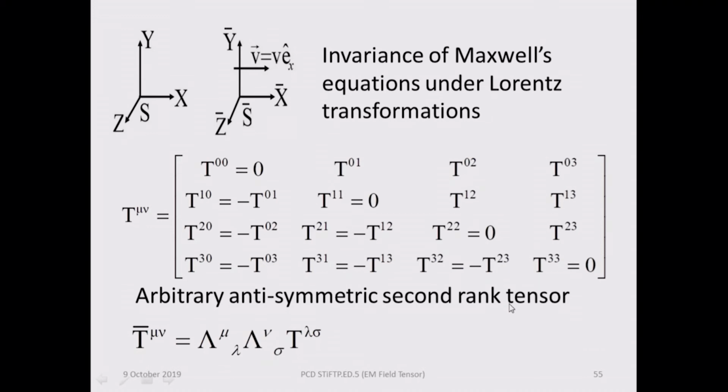Okay. What about Maxwell's equations themselves? Are they invariant under Lorentz transformations? Now, if you have an arbitrary tensor of rank 2, we have to see how the field tensor transforms. This is no longer a vector, but a tensor.